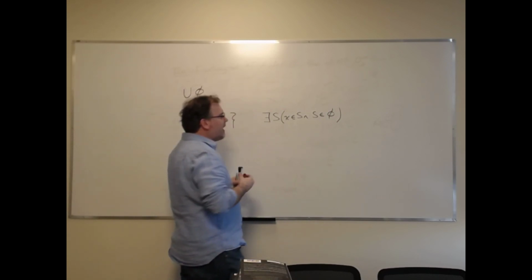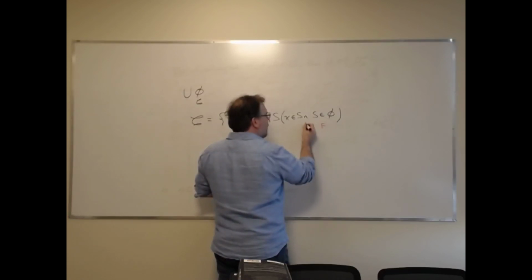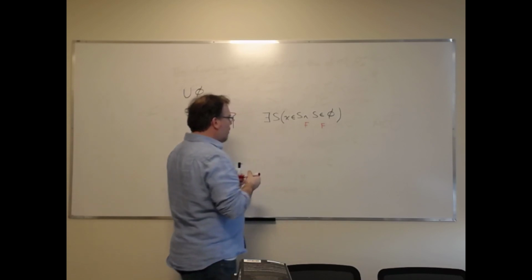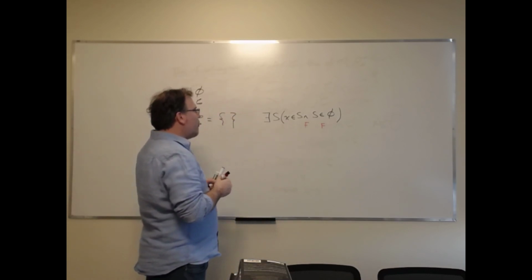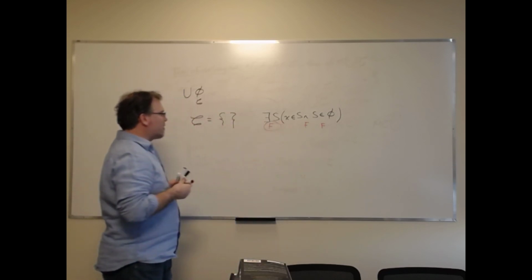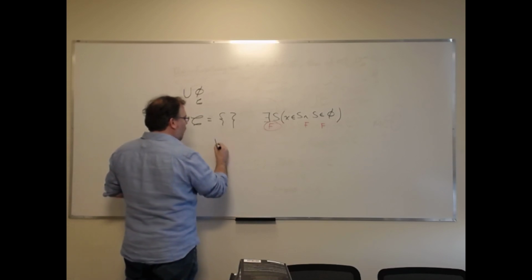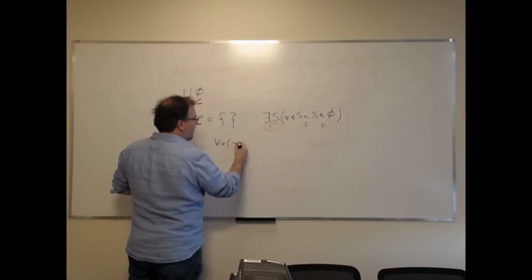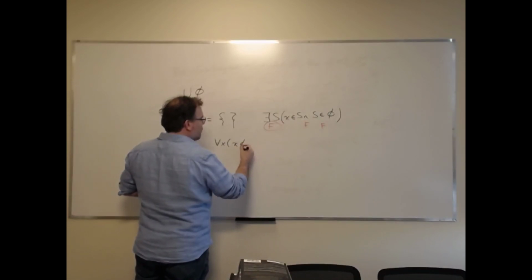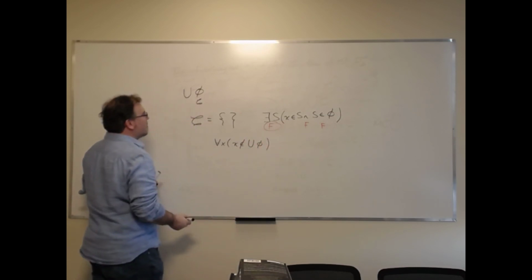So now we see that nothing is in the empty set, so the second conjunct is always going to be false, which means the conjunction is always going to be false, which means that this entire sentence is always going to be false. So we can see that for all x, x is not going to be in the union of the empty set.